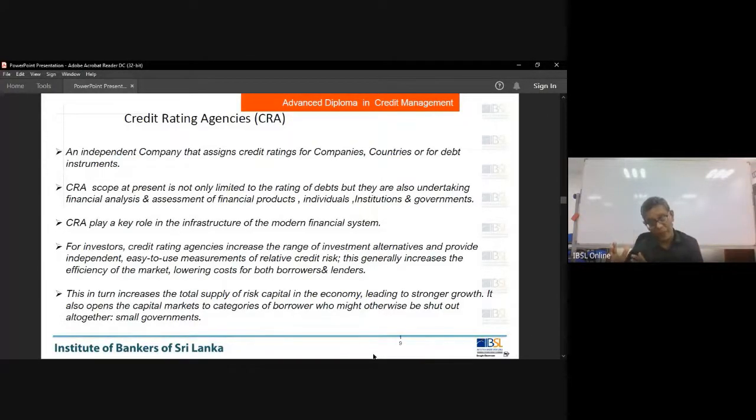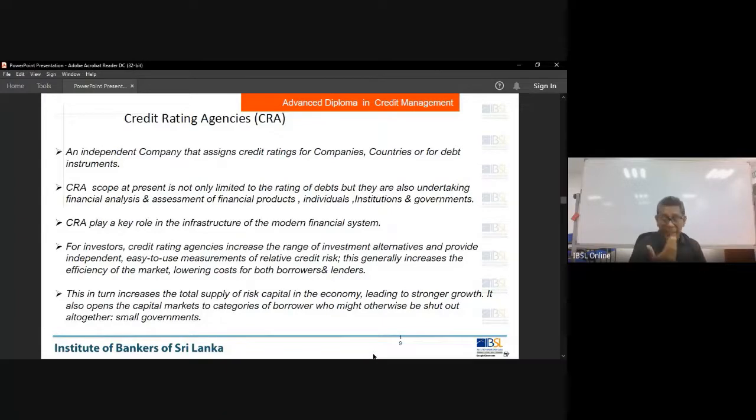They rated them high, and despite that, these products failed. So a lot of people criticized the feasibility of getting credit ratings. So the credibility of the credit ratings came down after the world financial crisis.